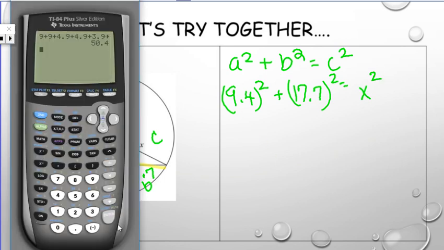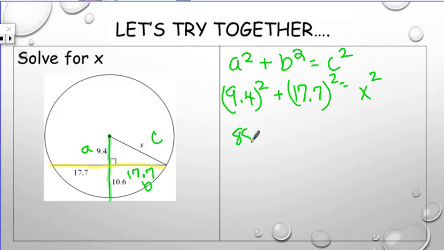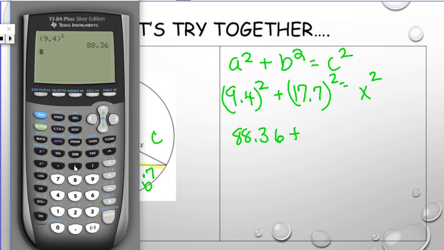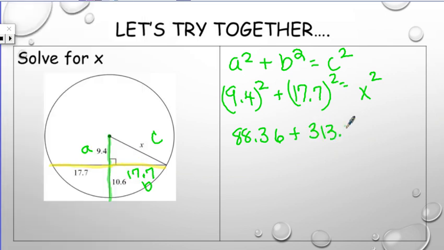So I'm going to use my calculator to help me out with this. Make sure you put this in parentheses. Anytime you put something into an equation, always put it in parentheses. So this is 88.36 plus 17.7 squared equals x squared.